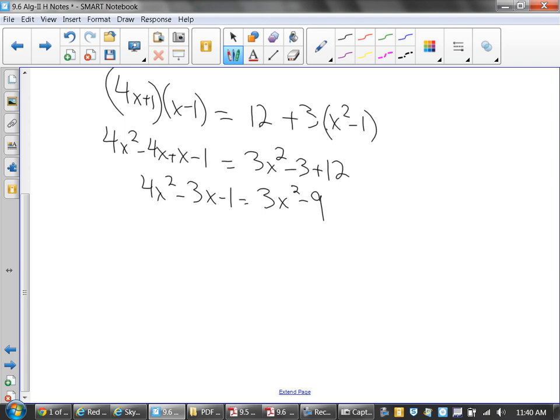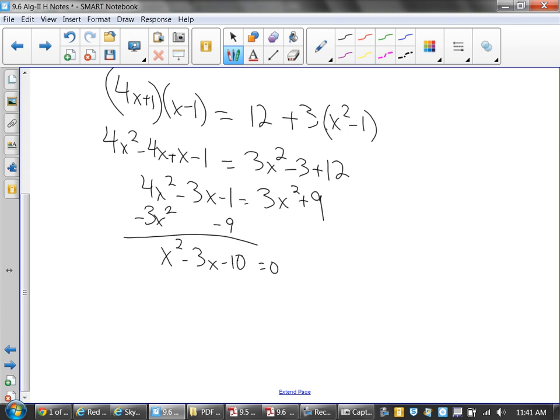Bring the 3x squared and the 9 over to the left. Nope, that's plus 9, sorry. So we have x squared minus 3x minus 10 is 0. So there's lots of foiling and factoring and foiling.